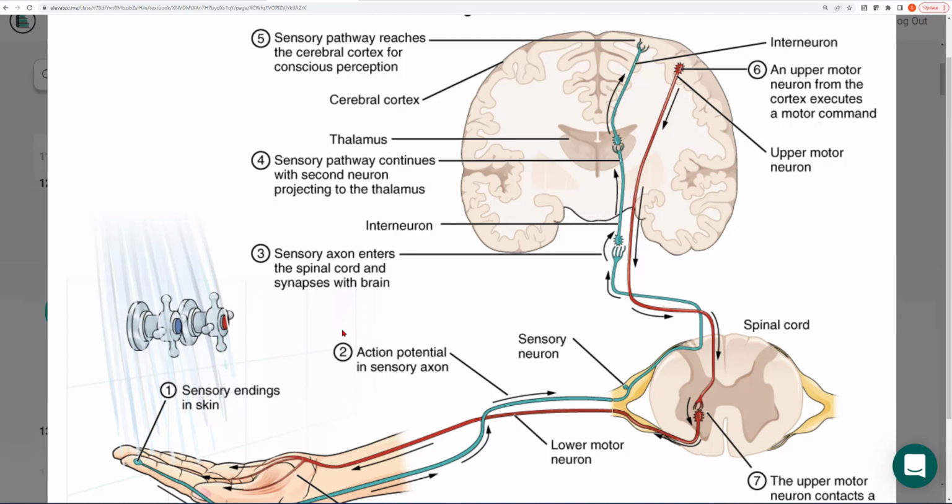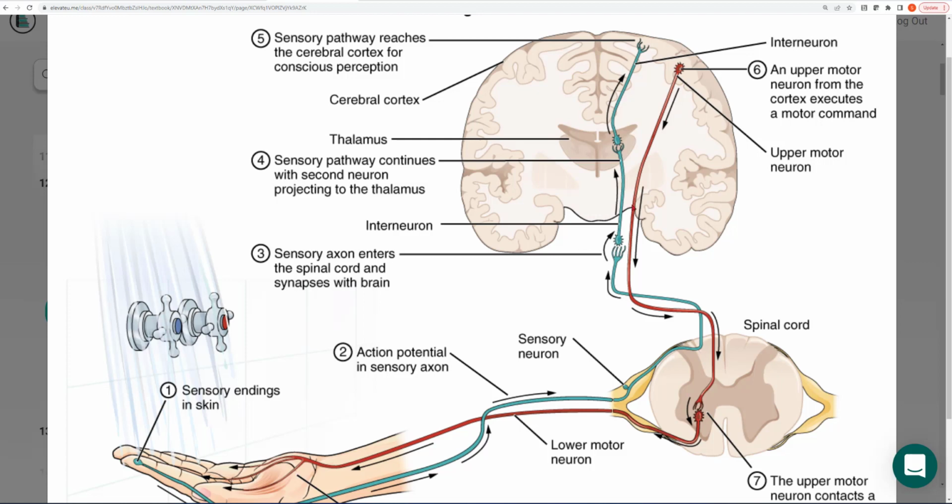So if you had really hot water, what would you do? If you had really hot water, you would want to move away from that hot water. So how's that going to happen? There's another part of your brain up here on the top of the brain called the motor region. We'll come back to that in the next couple of talks. But that is going to send signals down a motor neuron.